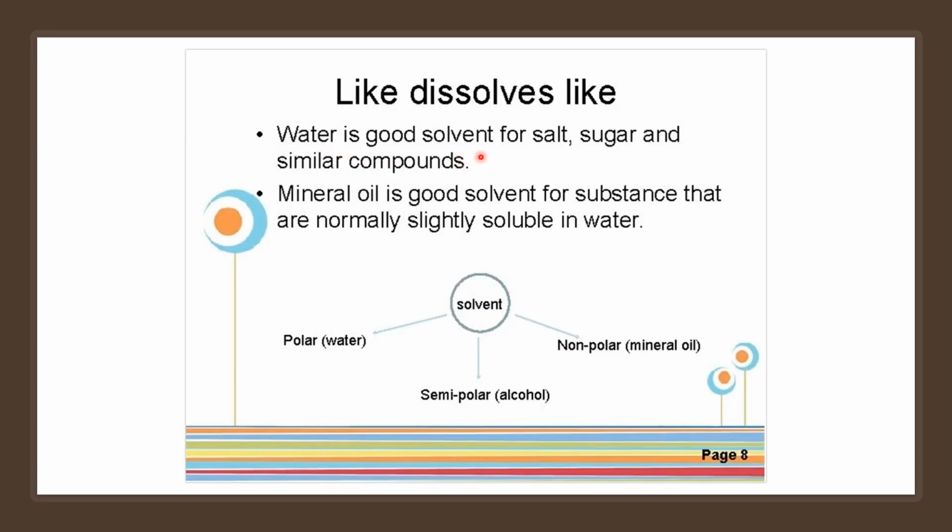So water is a good solvent for salt, sugar, and similar compounds, because again, water is a polar substance, and it will also dissolve polar substances, such as salt and sugar. Mineral oil is a good solvent for substances that are normally slightly soluble in water. So mineral oil is a nonpolar solvent, so it will also dissolve nonpolar or semipolar substances.